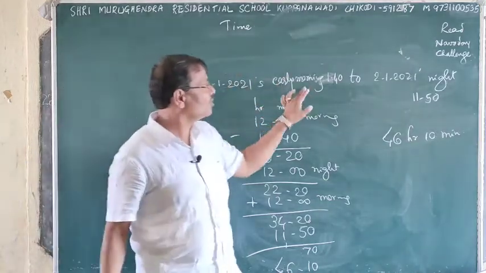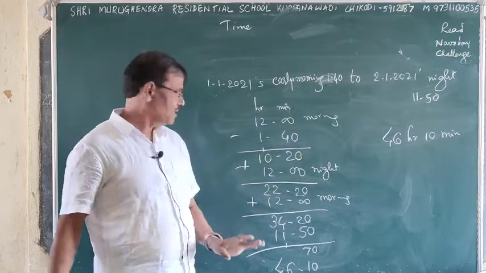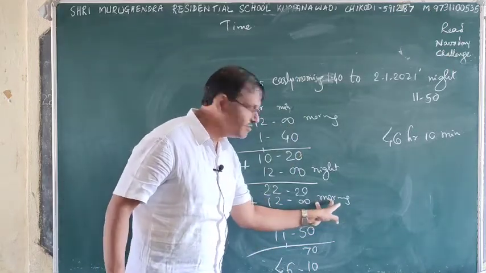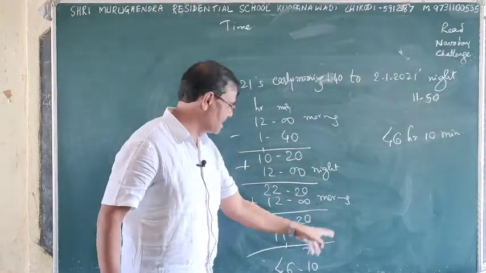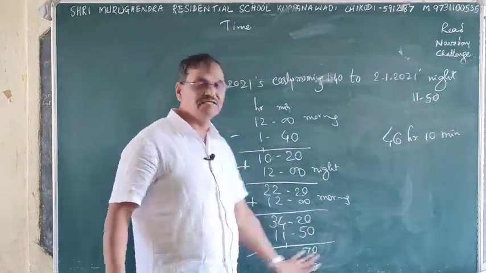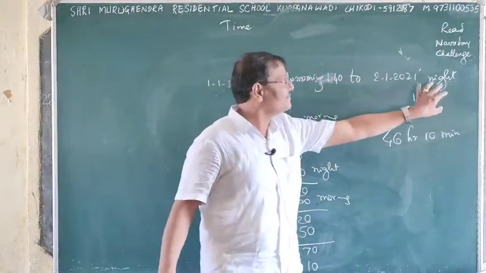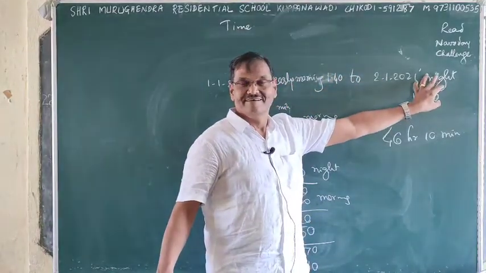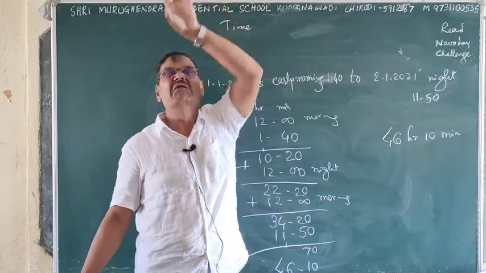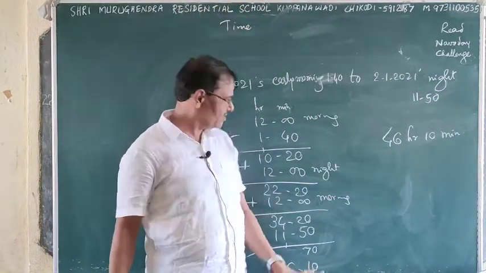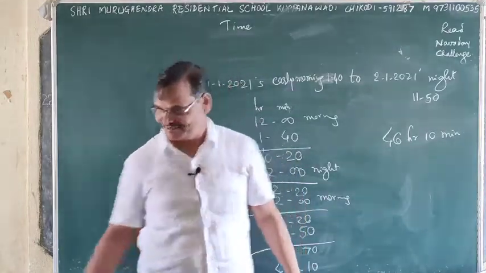See, early morning to morning, morning to night 12, night 12 to date changed morning 12, morning 12 to this night 11:30, it is 46 hours 10 minutes. Here if it is night, the earlier sum was only 1 hour something, whereas here it is nearly 2 days. Got it?